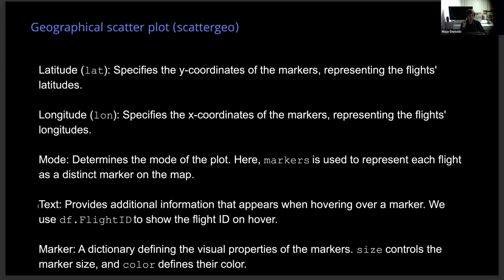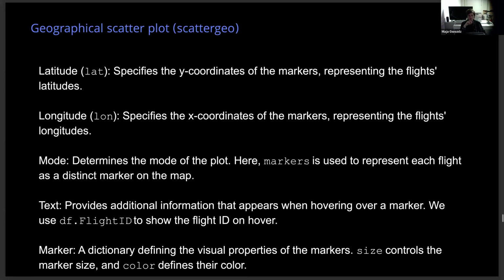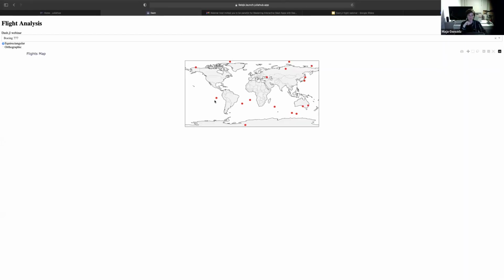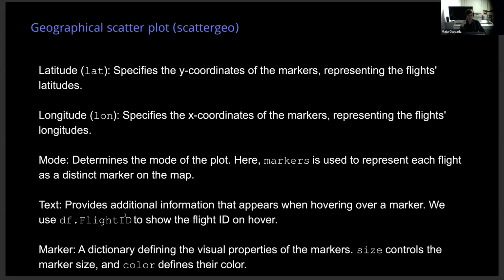And then text, you can already guess, it just provides some additional information that you might want to put next to the flight. In this case, it's when you hover over, that's the additional information essentially. Again, the marker will then have a specific dictionary for adjusting the visual appearance. For instance, you can control size, you can control color, and so on.